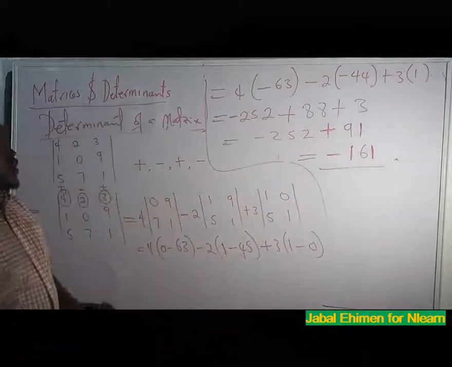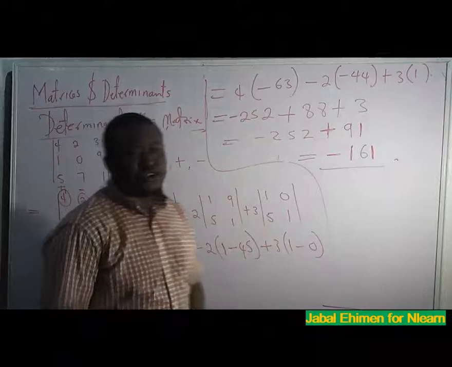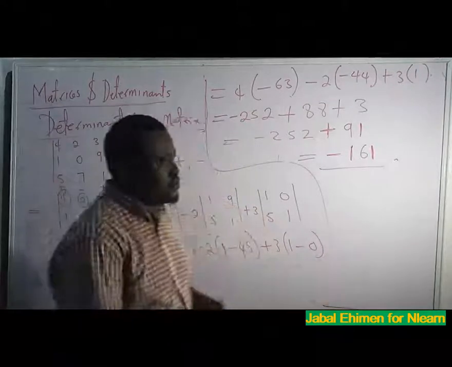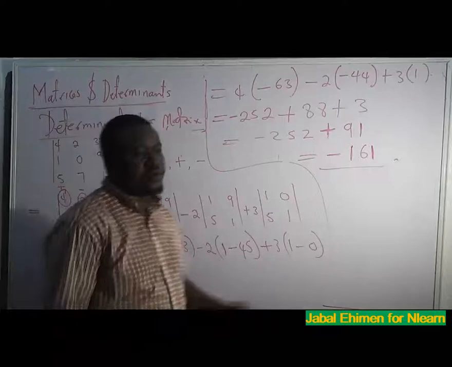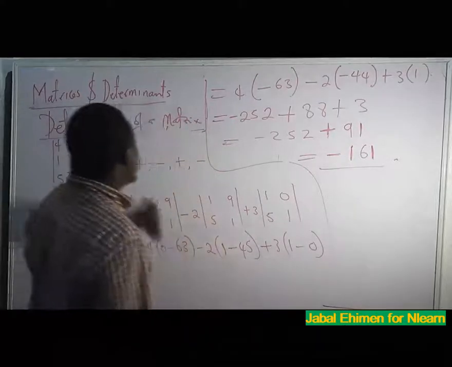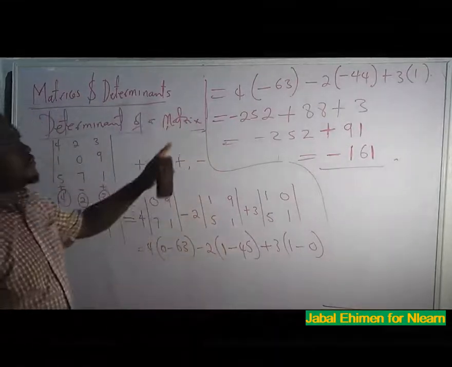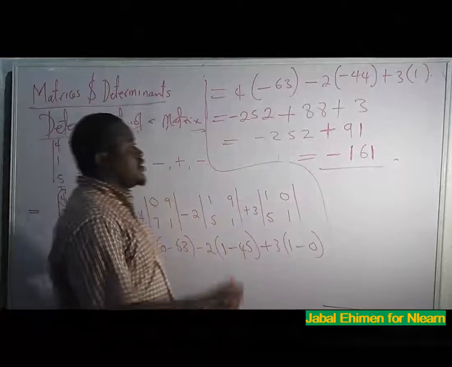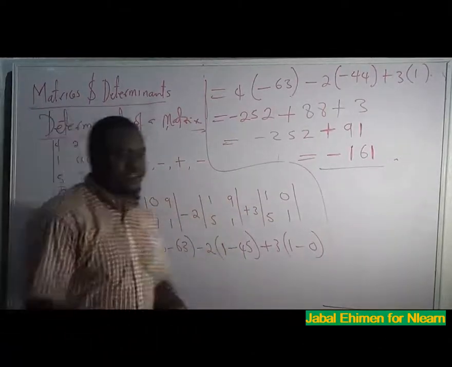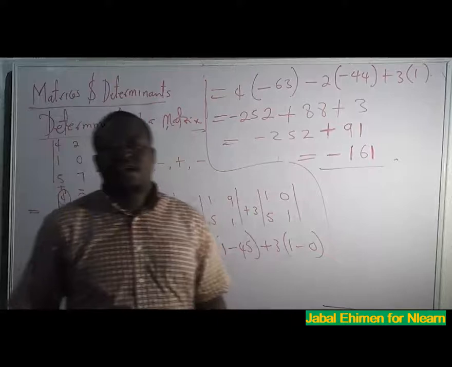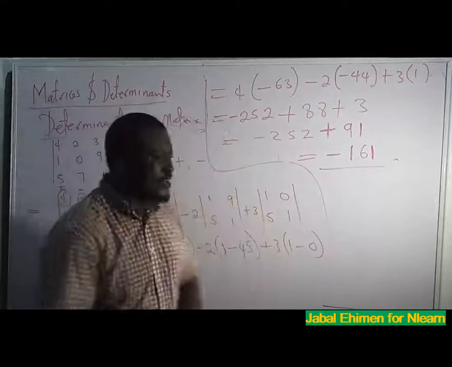So, sorry, you can always take your computations the way you want it, depending on your analysis of what you call computable values. So, we've come to the end of determinant of matrix. But now, let's not state something. Any matrix whose determinant is equal to 0 has a name.